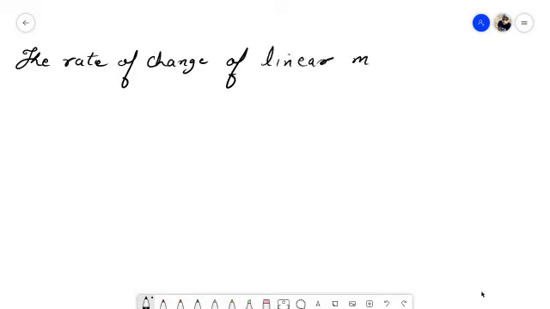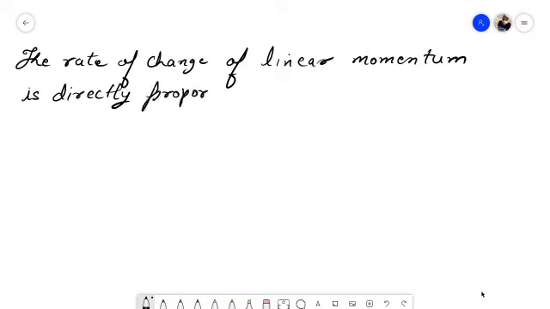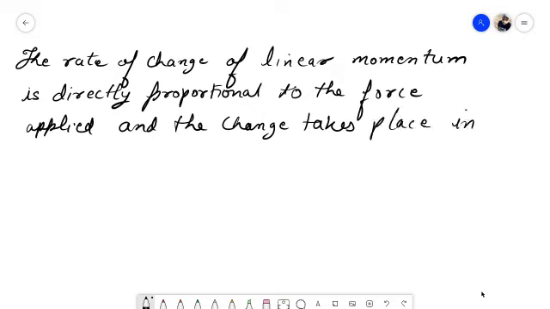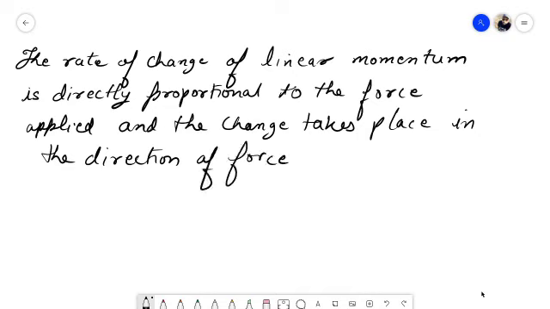Second law of Newton states that the rate of change of linear momentum is directly proportional to the force applied, and the change takes place in the direction of force. Now, what does this second law state?